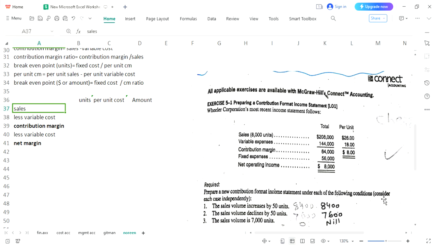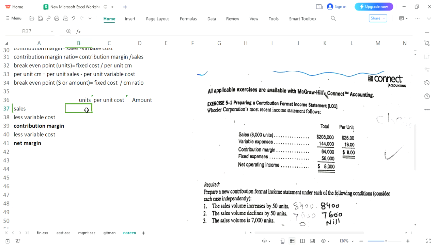But what he wants from us is a new contribution margin statement when sale volume is increased by 50 units. Now please look at this. This is already an income statement available. Per unit costs are available, but this is for 8,000 units. He wants us to make a new contribution margin statement if sale volume has been increased by 50 units. Previous sale volume was 8,000. So how many units will we now be making?